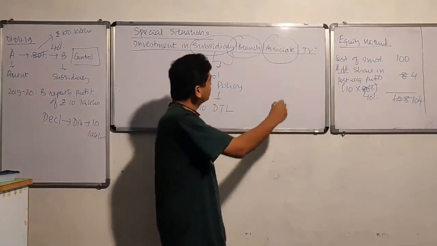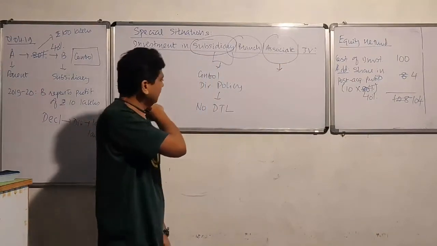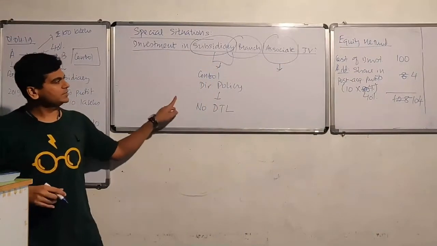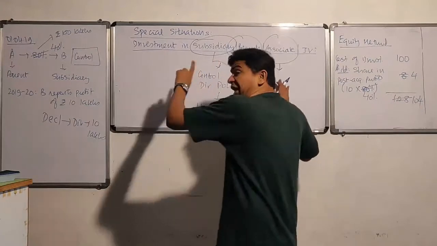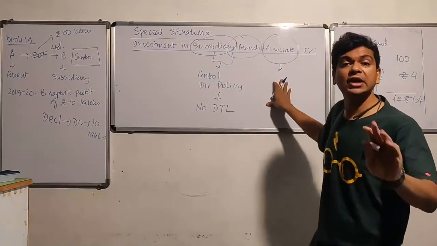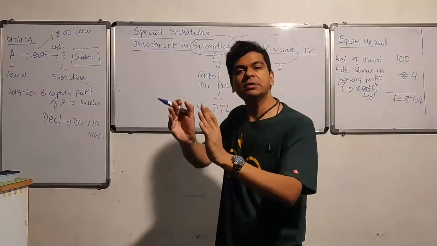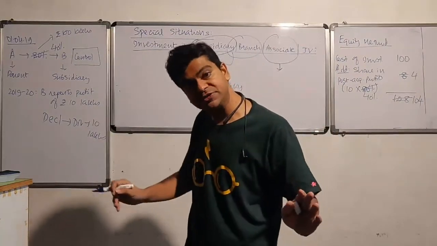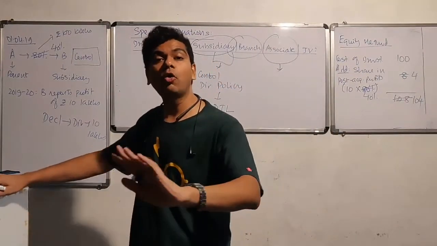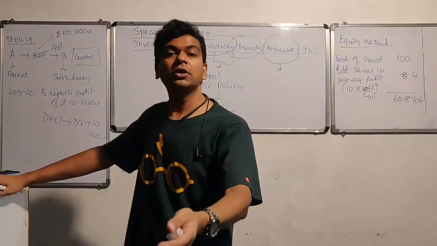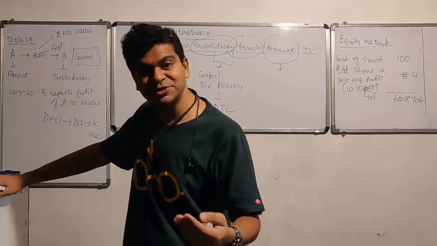Ask this question for an associate. Can you control the dividend policy of an associate? In an associate, you have only significant influence. You only have a power to participate in the decision-making process. I am not able to control an associate. If I can control an associate, then it will actually become my subsidiary, right?